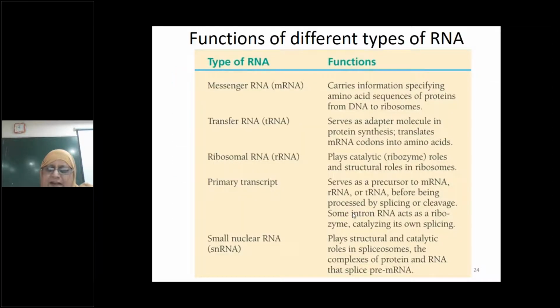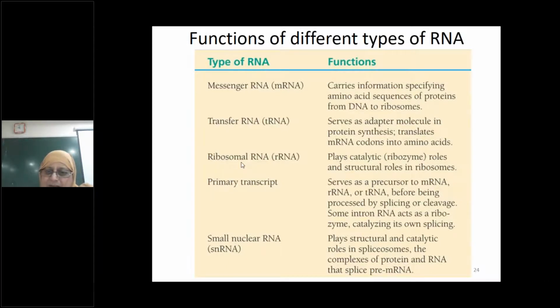Each of these RNAs has its own function. The function of messenger RNA is carrying the information specifying the amino acid sequences of the proteins from the DNA to the ribosomes. What is the function of transfer RNA? Transfer RNA serves as an adapter molecule in protein synthesis, translating the mRNA codons into amino acids.